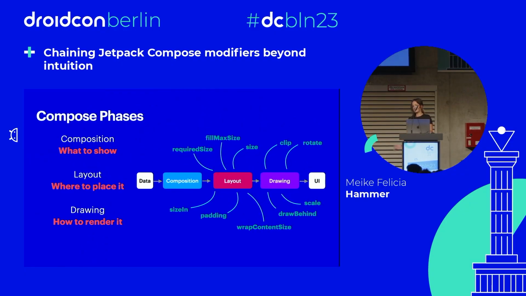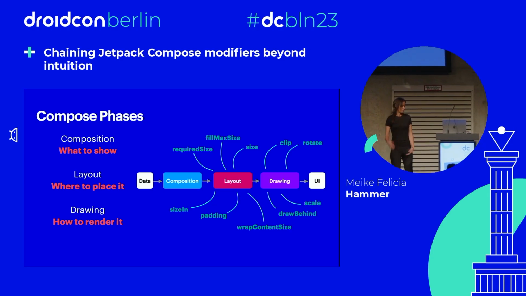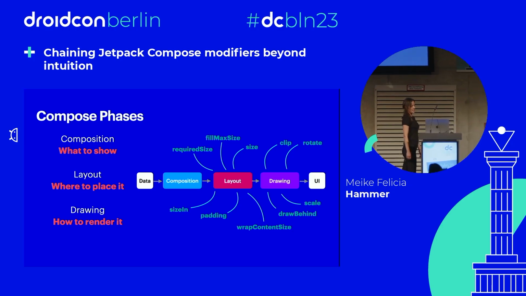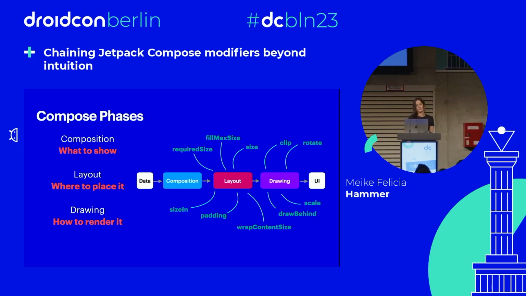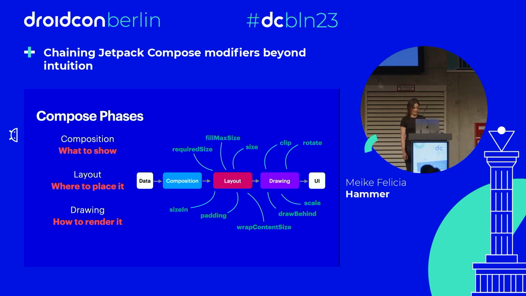Since the layout phase resides in our compose phases, a short recap on that. The composition phase says what we want to show. We define our UI tree, and then the layout phase says where we want to place it, and in the drawing phase we finally decide how to render it.